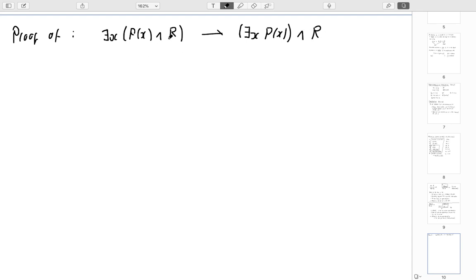The point is, r is just a propositional constant here, or as I said before, it could just be an arbitrary formula that does not contain x. In fact, let's actually do it in that generality.